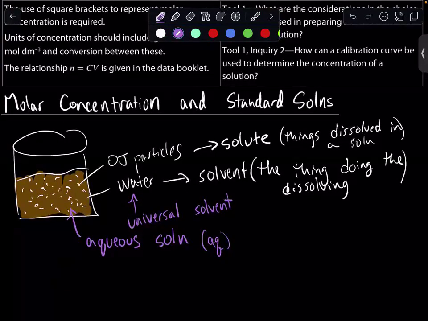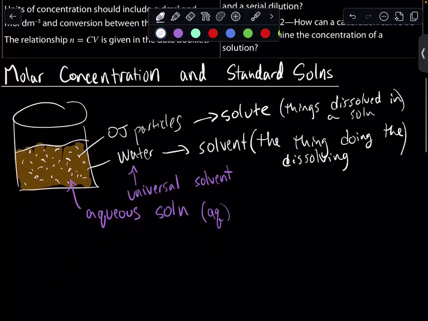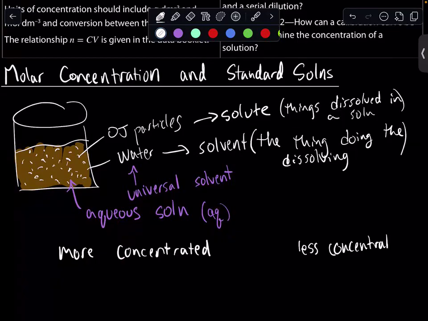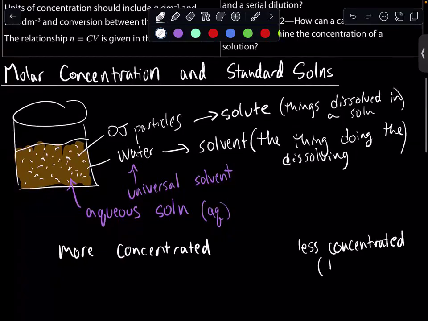Anyways, so we're coming back to particles and we're talking about concentration. Usually something that's more concentrated will have more particles versus less concentrated. Another word we use for less concentrated is dilute, has less particles.